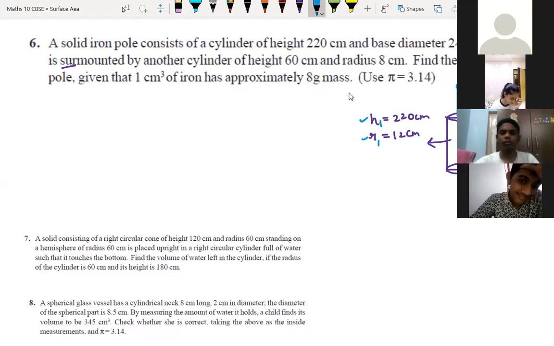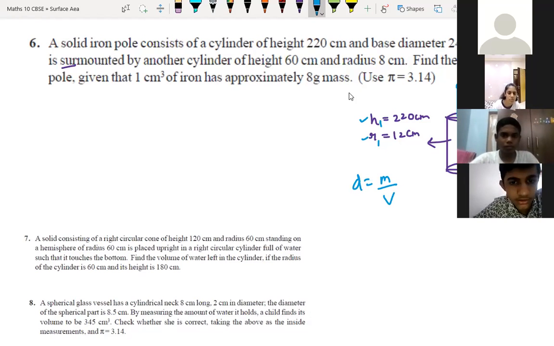Just simply mass. You just think that volume you have to find, then multiply by your gram. I think it is asking the mass, right? So we have to multiply the volume with the density. Exactly. We'll get the mass. So density is equal to mass by volume, right?